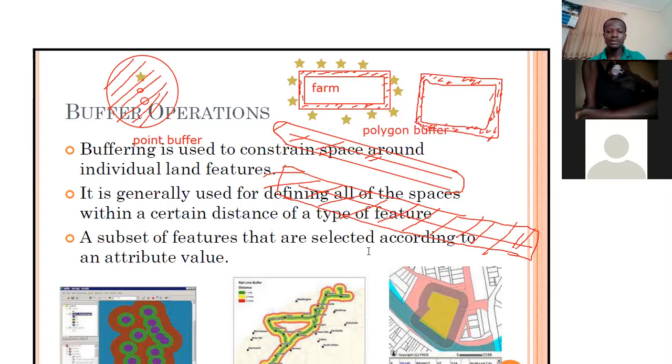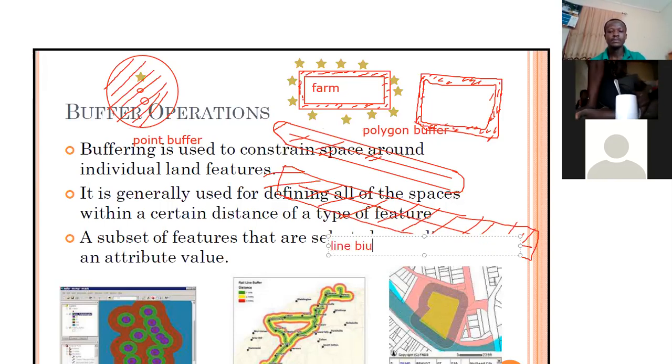Then we have line buffer. So you can have a point buffer, a line buffer, and then a polygon buffer. Is that okay? And they all have their own applications.